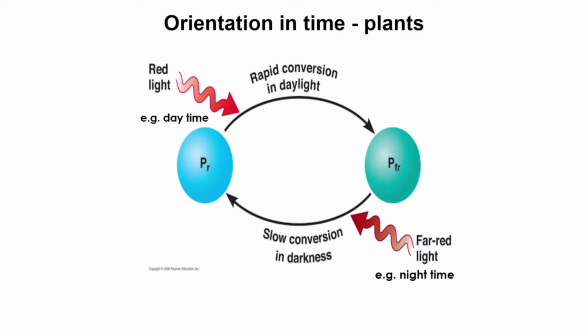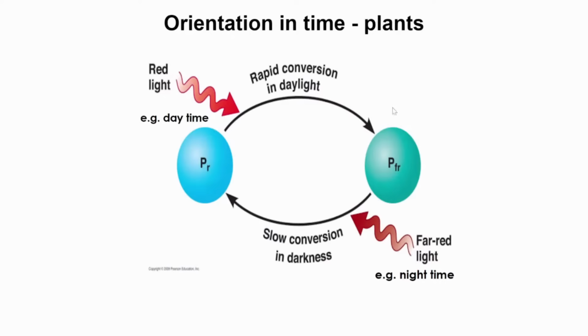So what is happening is the sun shines, the plant is absorbing that red light, or the phytochrome red absorbs red light, and it converts really quickly, really rapidly into phytochrome far red. Then at night, when the sun goes down, phytochrome far red absorbs far red light, which is just outside of the visible spectrum. And it will slowly, very slowly, convert back to phytochrome red.